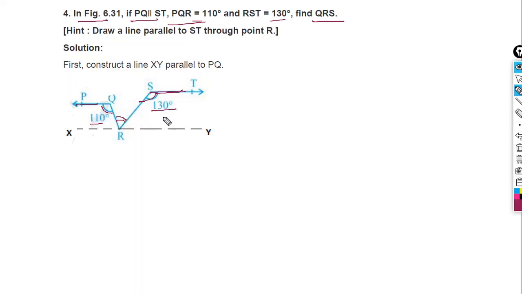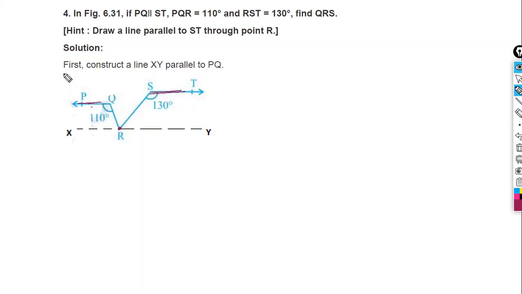One thing we have to draw here: we have to construct line XY through point R, such that XY is parallel to PQ, or you can write ST. If XY is parallel to PQ, then it will also be parallel to ST, because ST is parallel to PQ.